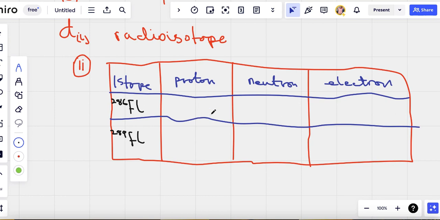Okay, so remember the atomic number is 114. So you can write here, if you want, 114.